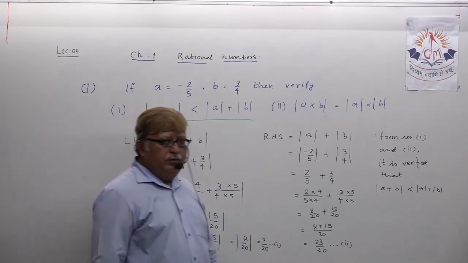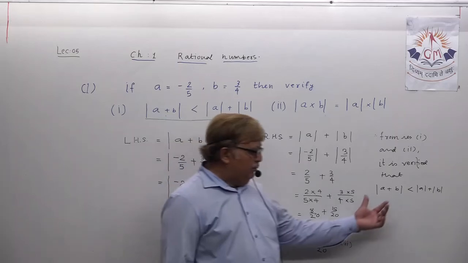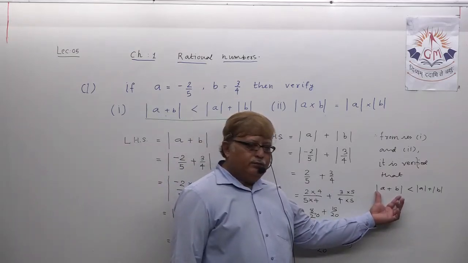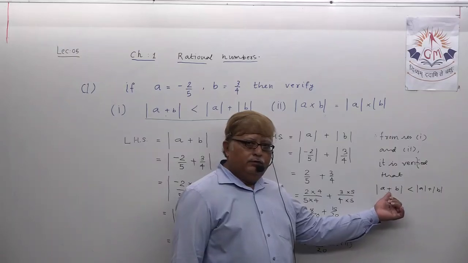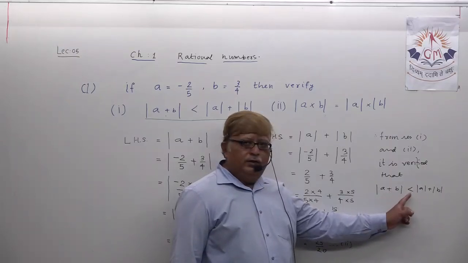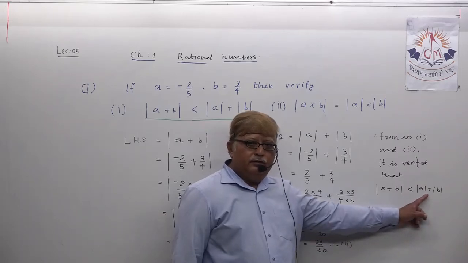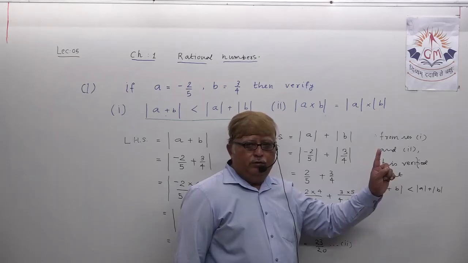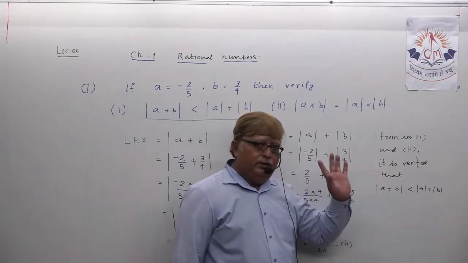This can also be explained in words. The absolute value of the sum of two rational numbers is always less than the sum of the absolute values of the two rational numbers.